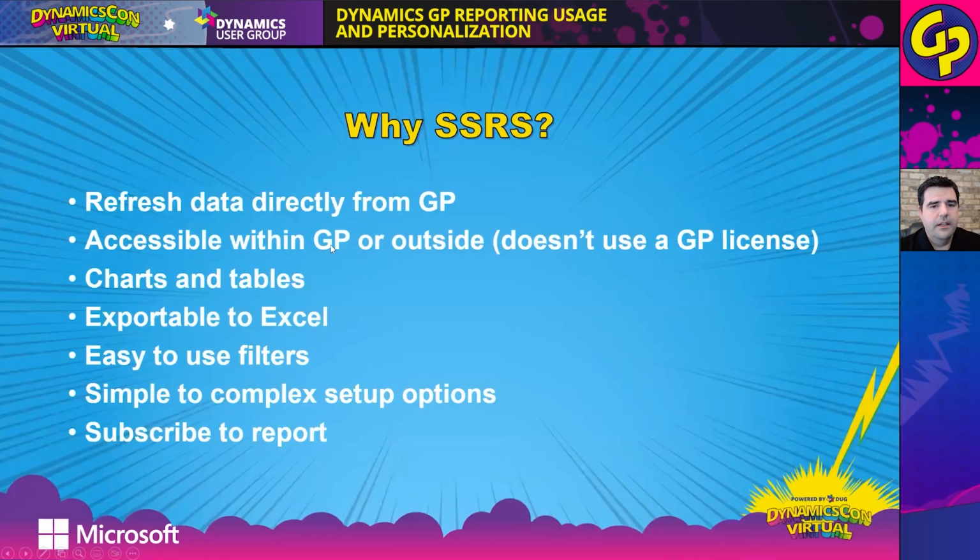And across modules, like the Excel reports that Dave was showing, it gives you a lot of options out there. So this, as well as Excel, allows you to pull data when you're not in GP, so that doesn't require that GP license. That's a nice to have. Different than the Excel default ones, these are a bit more graphical, or can be, so it's a little easier to have charts and tables.